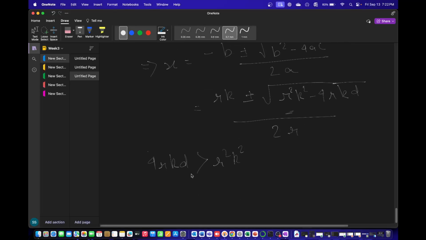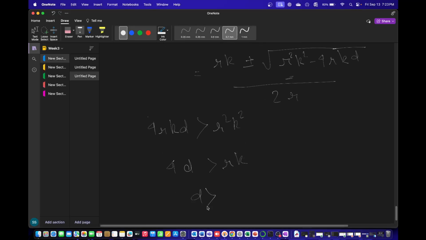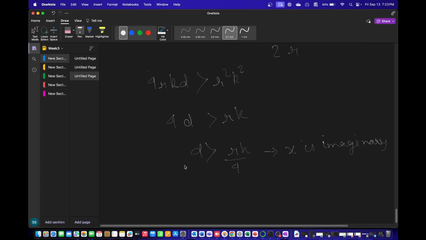If you consider r and k to be non-zero, you can just cancel this out. So this will become 4d is greater than rk, which is d greater than rk by 4, and at this point x is imaginary. So when this condition holds, x has no real steady states, right?